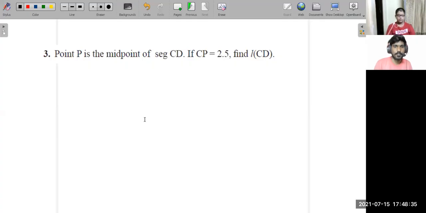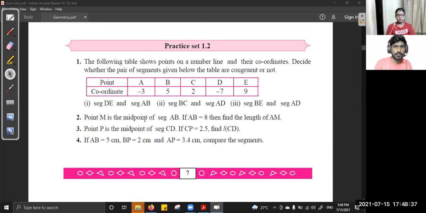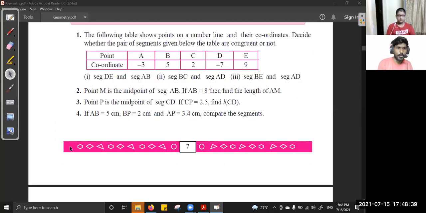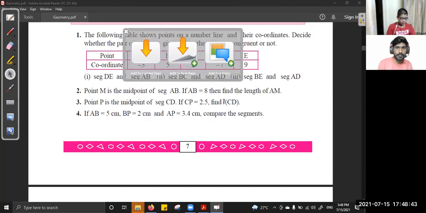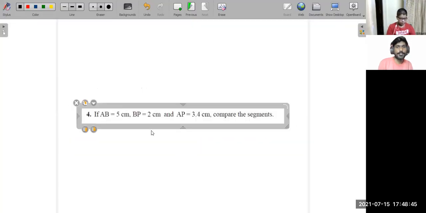Correct. Very good. So the fourth one, definitely you can do it on your own.